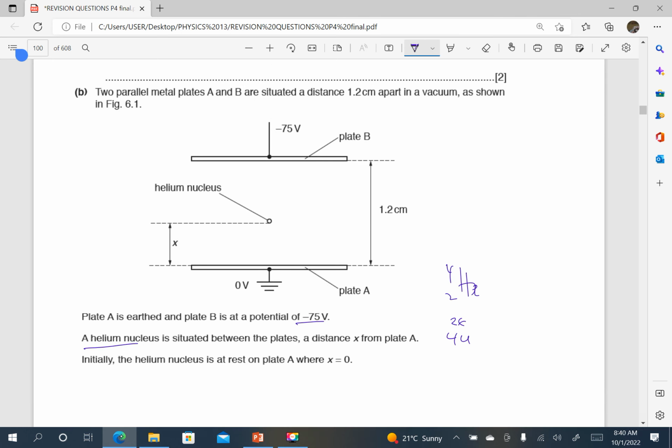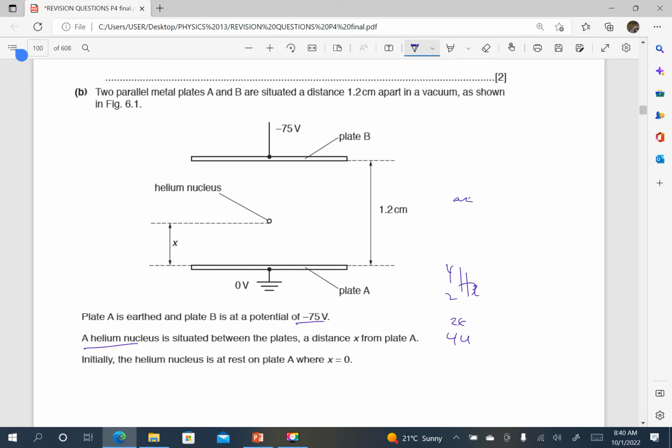note that the potential at x equals 0 is 0, and the potential at x equals 1.2 centimeters is negative 75 volts. We're just going to use a simple relationship.